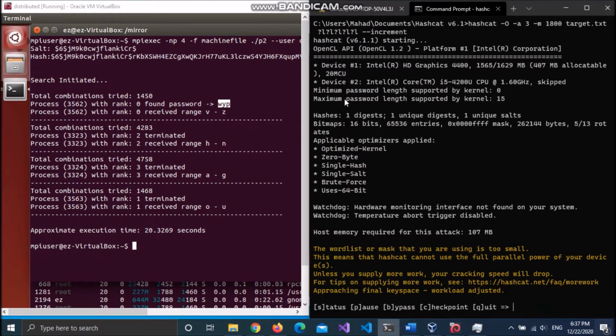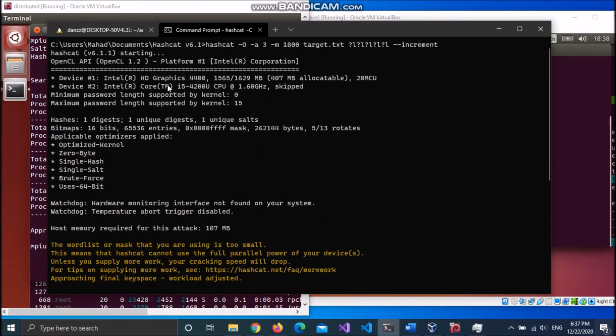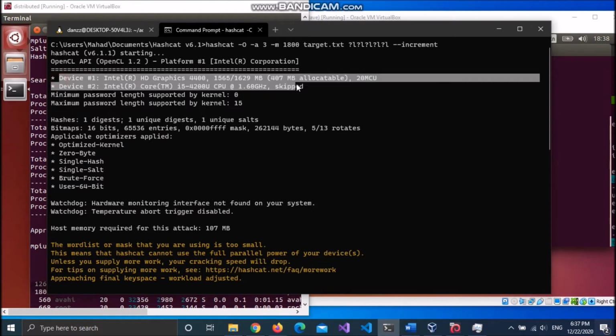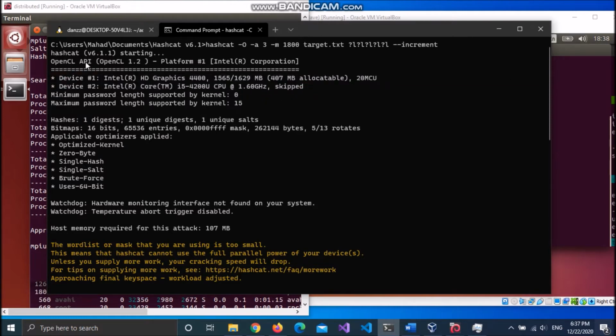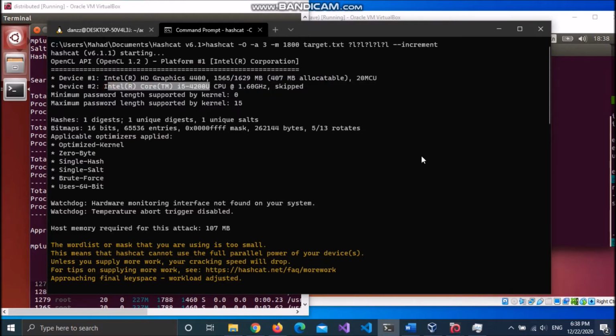Basically, this was the thing I wanted to show you. Hashcat has managed to identify both of the computing devices available on this PC. Device one is actually the graphics processor, Intel HD Graphics 4400 series, and it is using device one as its main device. And device two it has identified is the Intel i5 processor.